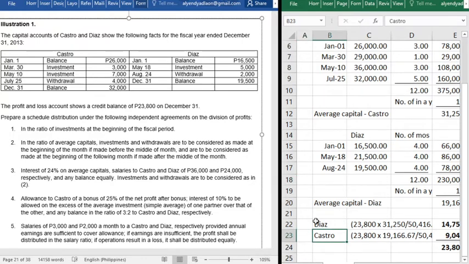Alright, so I apologize because there is a correction as to the given. Let me check. I just have to check.